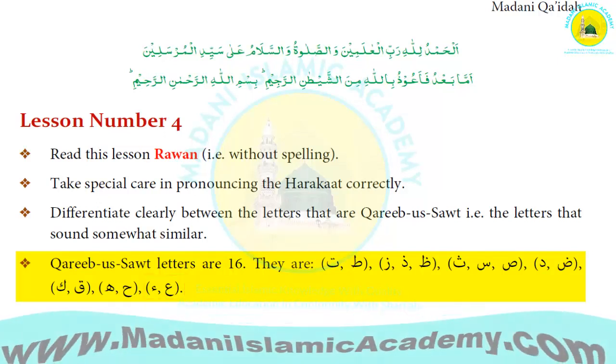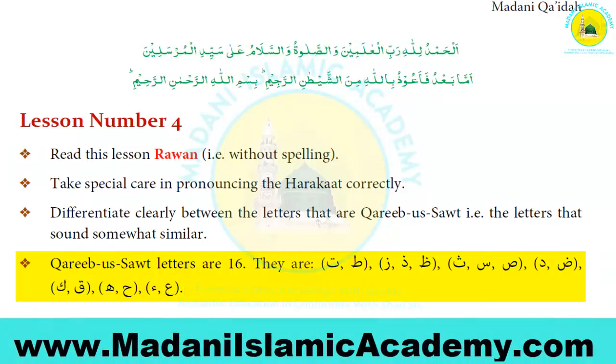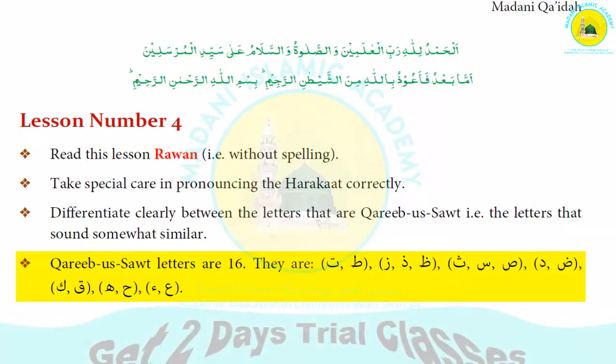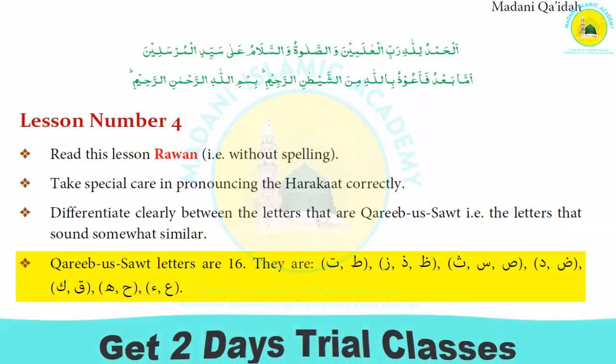These are what we call the qaribu sawt letters. If you can remember them, 16, inshallah, when you are reading the Quran, it'll be much easier for you to differentiate which letters you are reading.